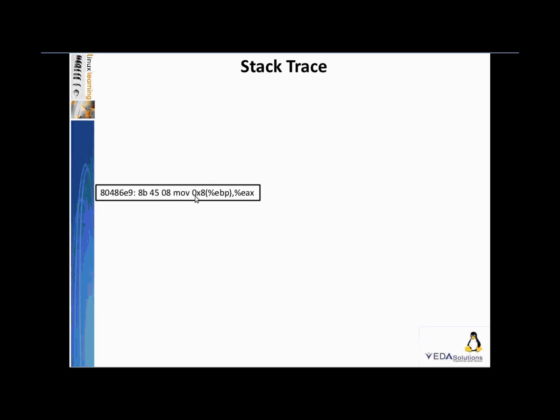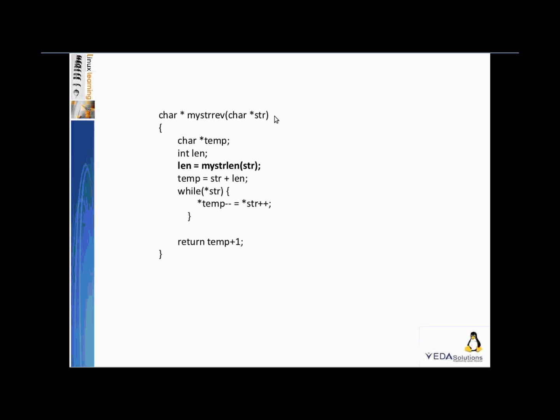be like this. We are moving 0x8 EBP into the EAX accumulator. Obviously we know this, the first argument begins at the 8th offset. So this happens to be the first argument and the only argument for the function. To access this we need to move by 8 bytes.